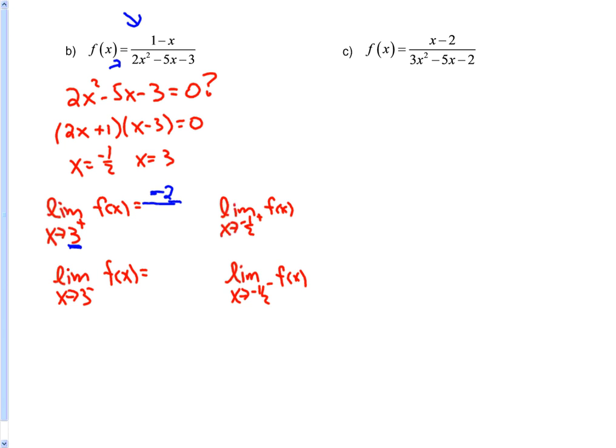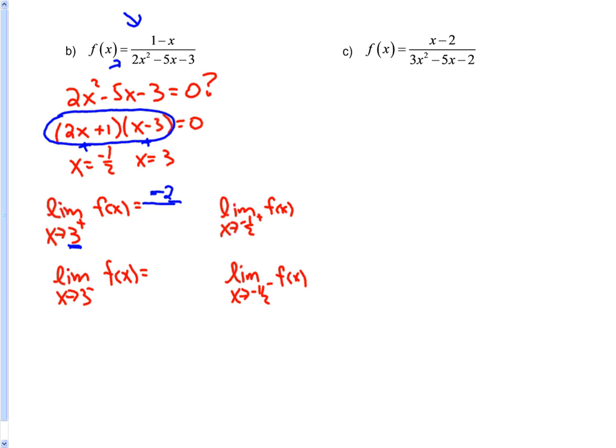Another place to look in trying to determine that denominator is to look here. Choose a number that's bigger than 3, a little bit bigger than 3, like 3.1. 3.1 will make this factor positive. It will make this factor positive. So if we're choosing numbers that are just a little bit bigger than 3, we're going to have a positive divided by a positive.